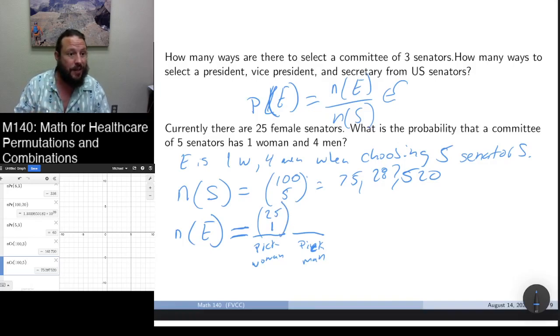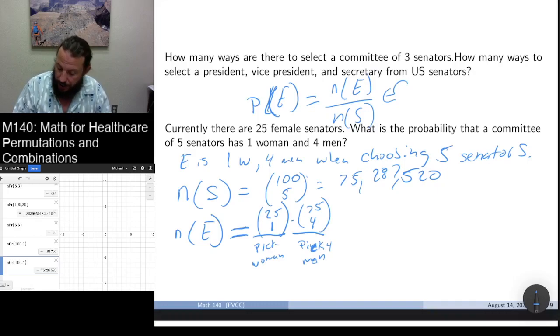From our last slide, hopefully you remember that's 25. So I really should pick the 4 men. We could do it all at once, and we want to do it all at once. We don't want to go through 4 different men and multiply them, because then we'd have ordering there, right? So now we have 75 men, and we're choosing 4 of them. And I multiply those 2 together, okay?